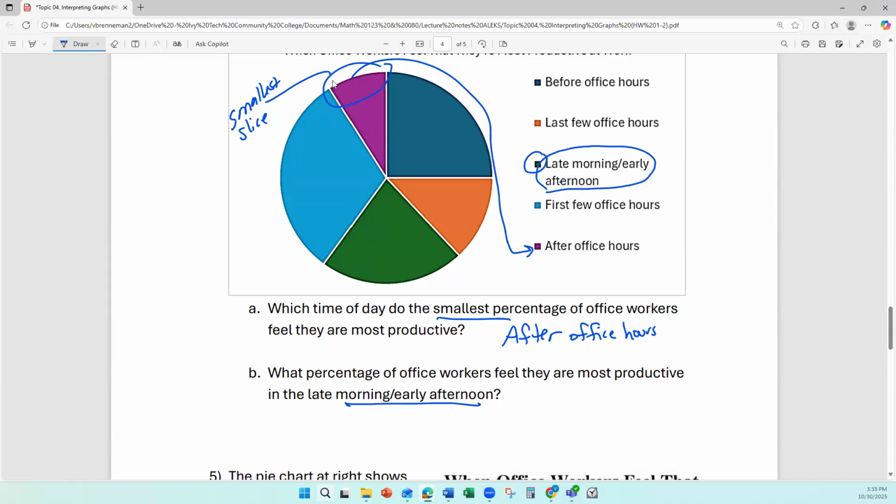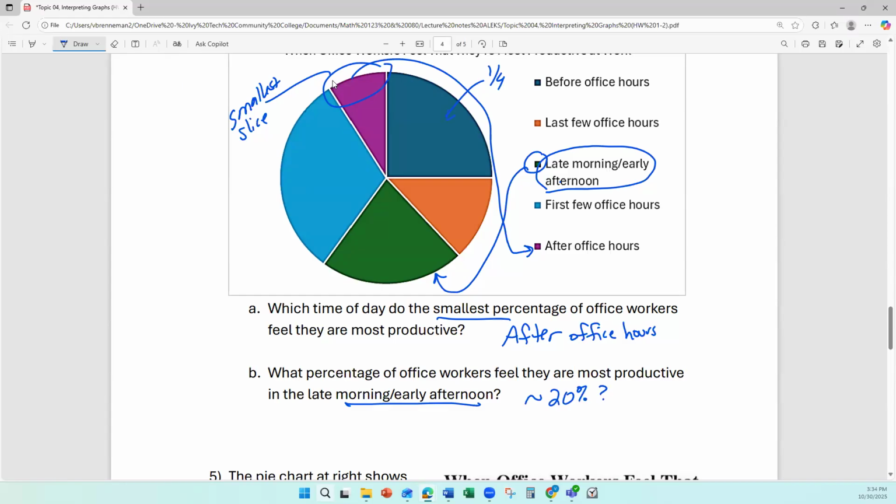That's this dark green, which is this slice. And looking at this slice, it looks to be somewhat less than a fourth, because that dark blue up here looks pretty close to exactly a fourth. This one's definitely smaller than that. A fourth would be 25%. This is maybe somewhere around 20%, rough estimate.